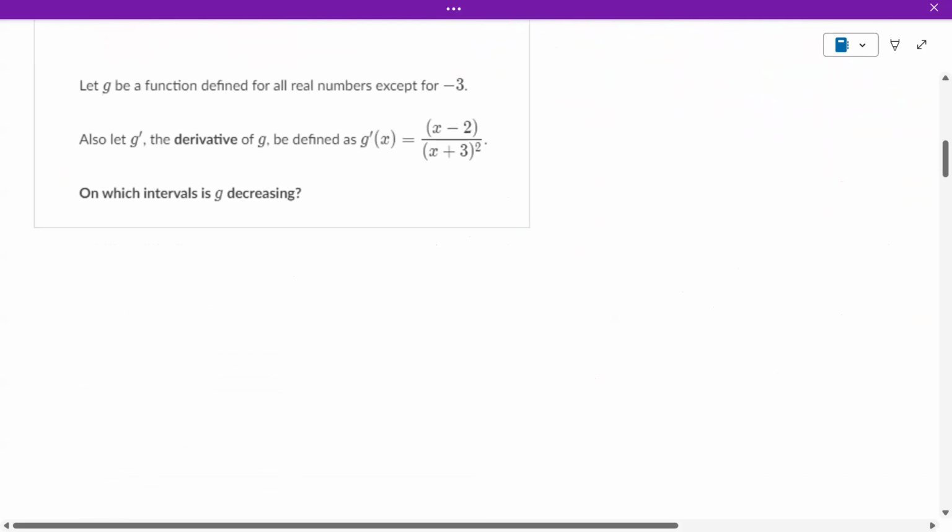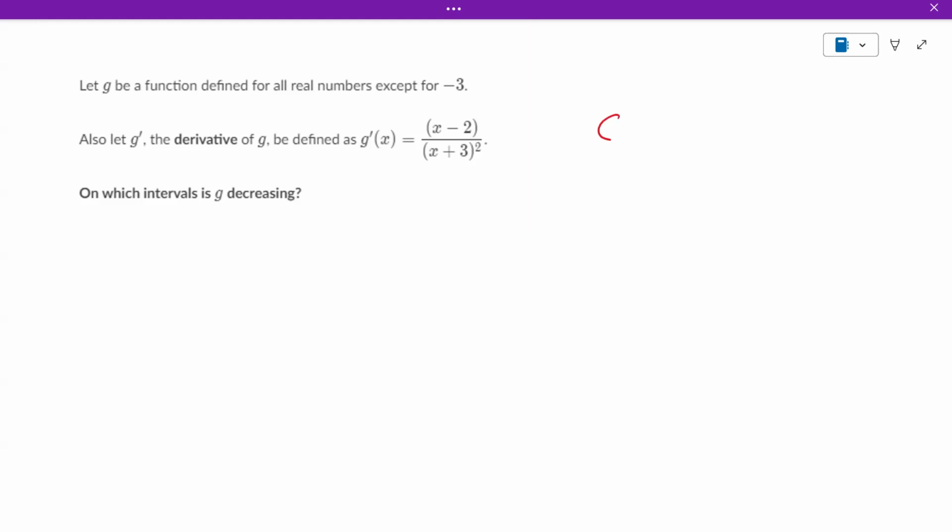Okay. Where is this function decreasing? Well, where are the critical numbers? This is the first derivative, so it's not so nasty.